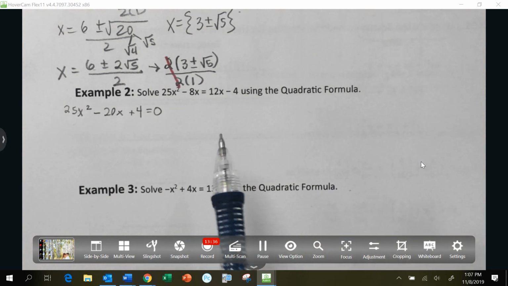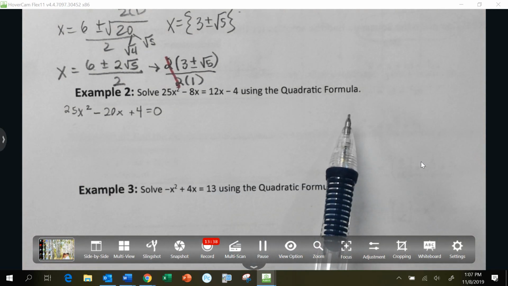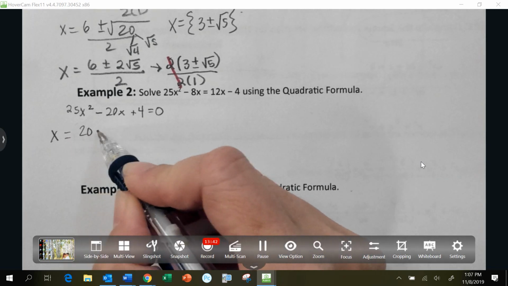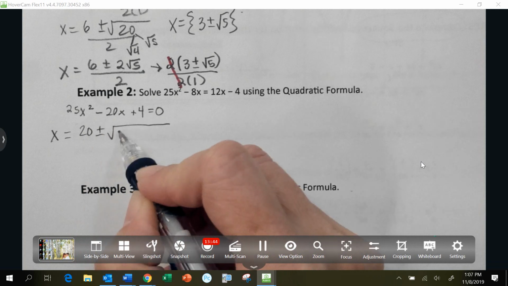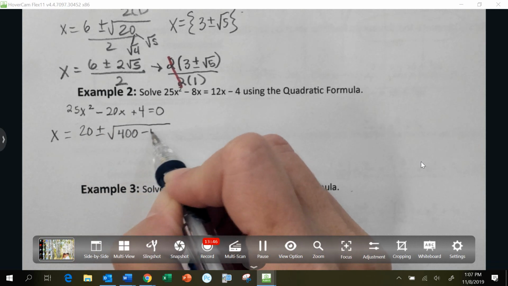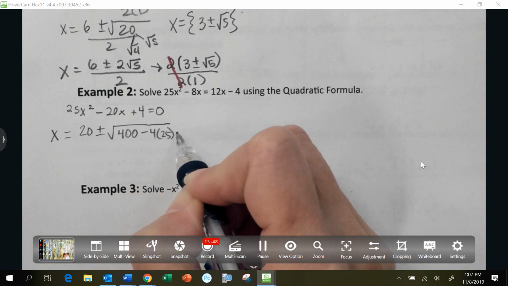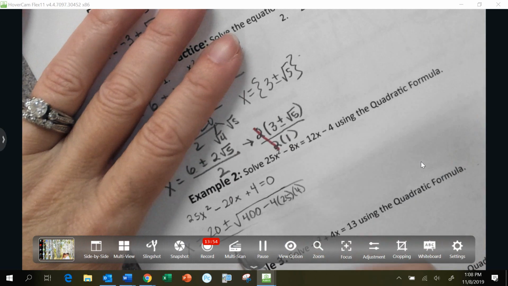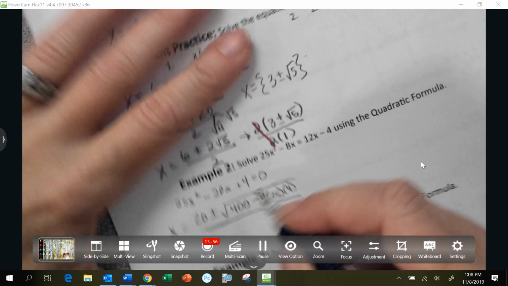And this says to solve it using the quadratic formula. So we will do x equals opposite b plus or minus the square root of b squared minus 4 times 25 times 4, all over 2 times 25.